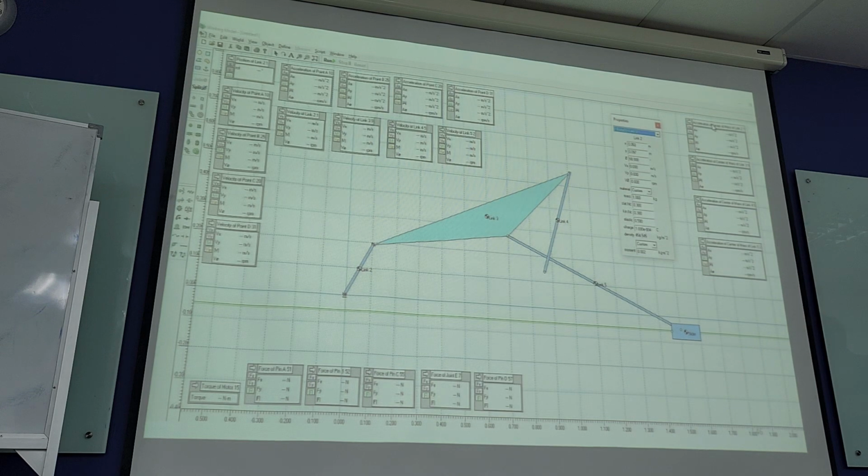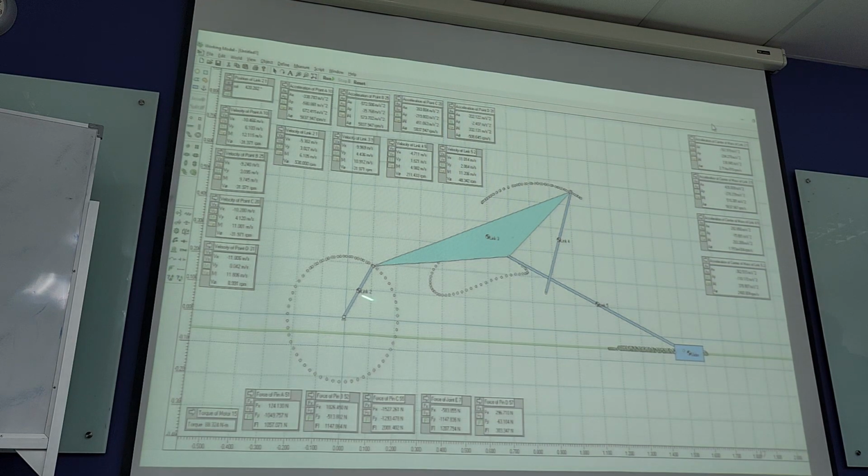Then you need to provide this working model simulation. This is where this 6-bar mechanism is set up. All the meters show empty.